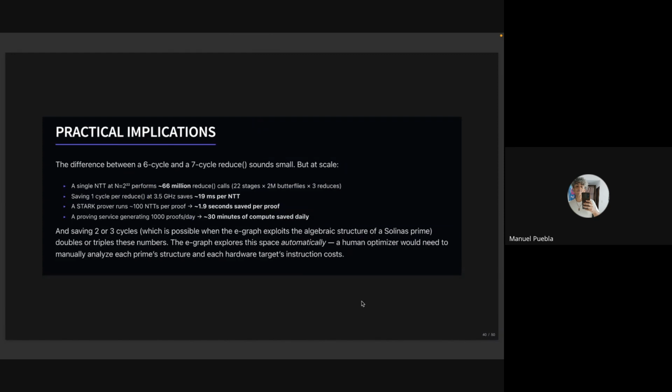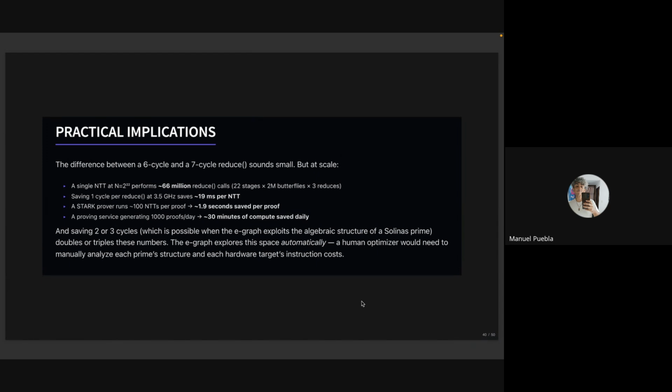So practical implications: say you shave 1 cycle, at scale, it says a lot. Say 1 cycle per reduce at 3.5 gigahertz saves 19 milliseconds per NTT. If you run 100 NTTs per proof, that's 1.9 seconds saved per proof. And if you run 1,000 proofs a day, that's 30 minutes worth of compute.